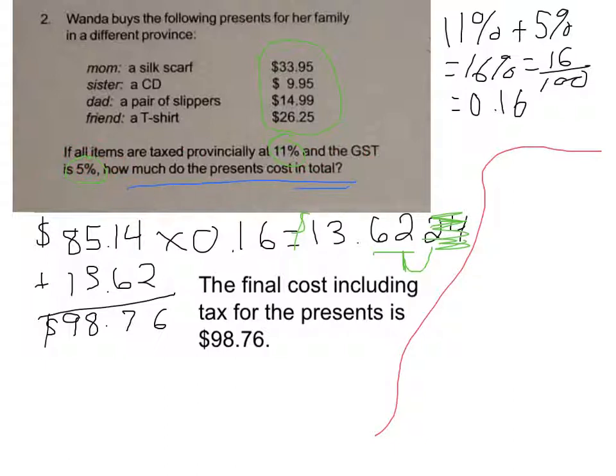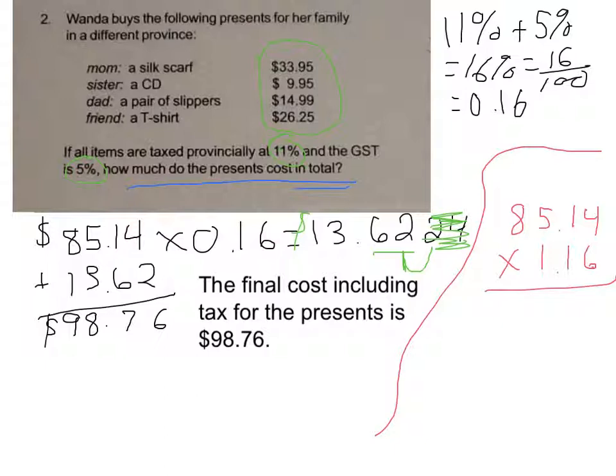That means I need the presents and the tax, and I don't need to give them separately. I can just do it all together. All I have to do is throw all these numbers into my calculator. I'm going to come up with my 85.14, and then I'm going to multiply that by 1.16 in the calculator.